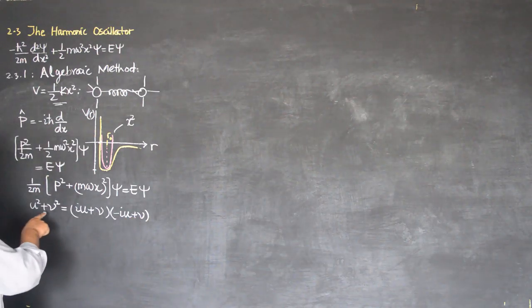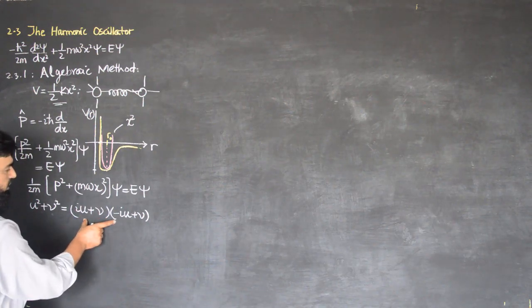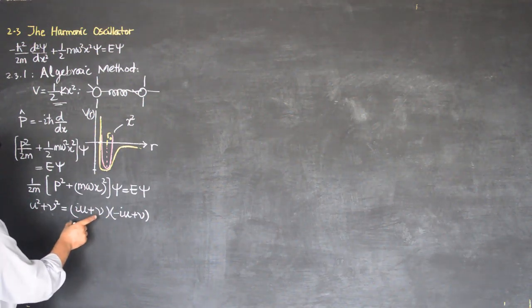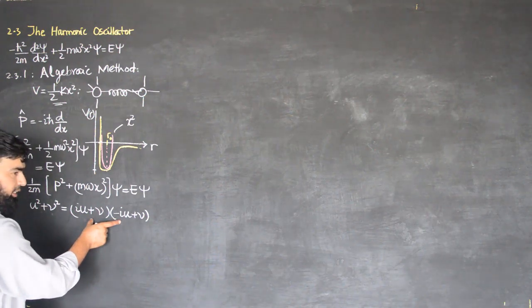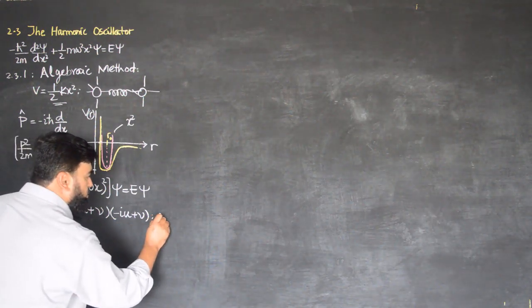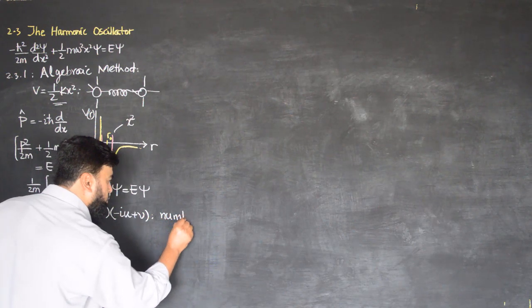Now u square plus v square we can write it like this. In the first edition, we utilized the same tactic, but this tactic is true for numbers only.